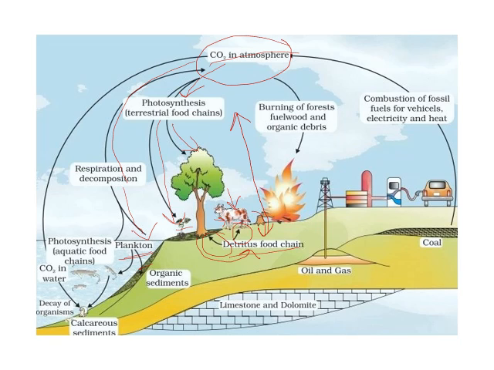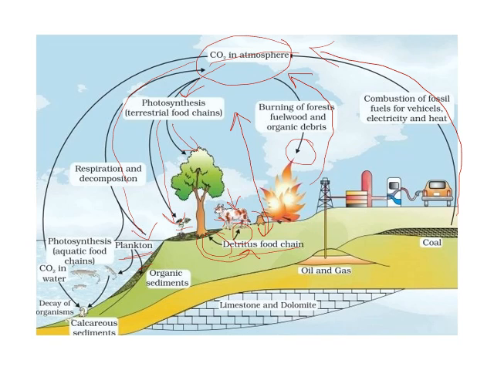And how does CO2 come to the atmosphere? Make a correction in this arrow also. It enters the atmosphere as a result of burning of fossil fuel, forests, fuel wood and organic debris. Combustion of fossil fuel also causes release of carbon dioxide into the atmosphere.